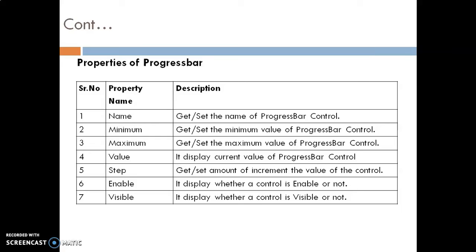Then step displays the amount of increment of the value of the progress bar control, meaning how much step is incremented each time. Then the next properties are enable and visible. Enable is used for user interaction, and visible is used for visibility to the user.